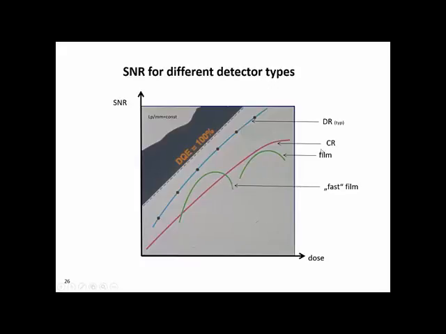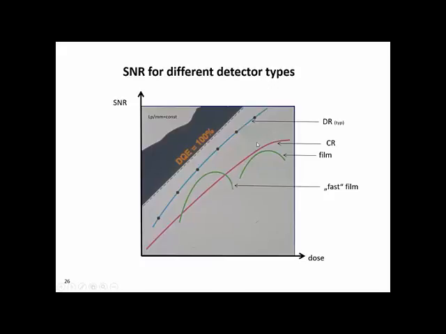Many years ago CR technology was introduced. The big difference between film and CR is and was that the behavior of this curve is linear. This curve is not falling down as rapidly as a film if the dose was getting lower or higher.